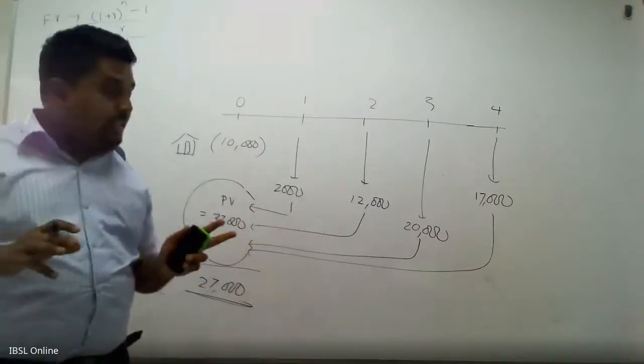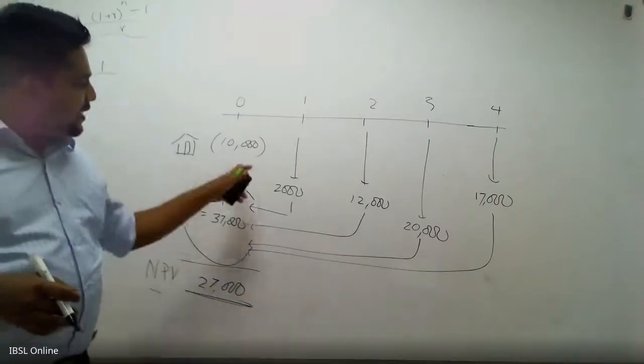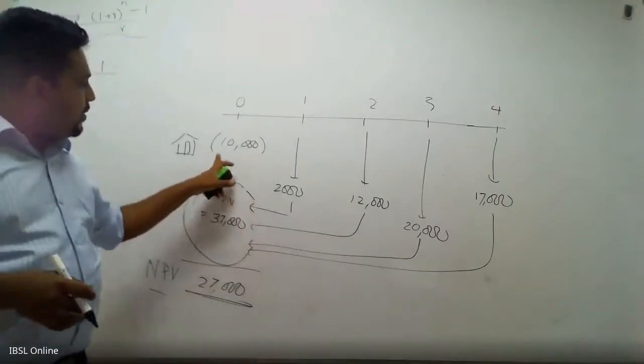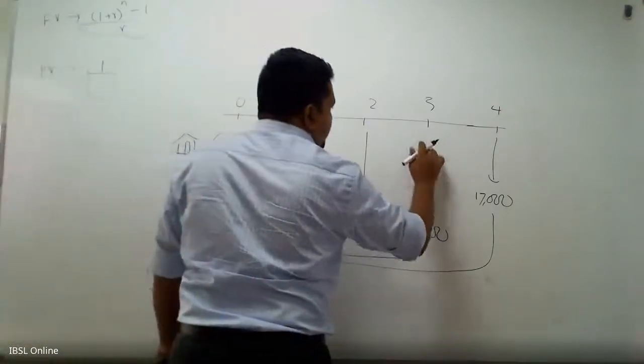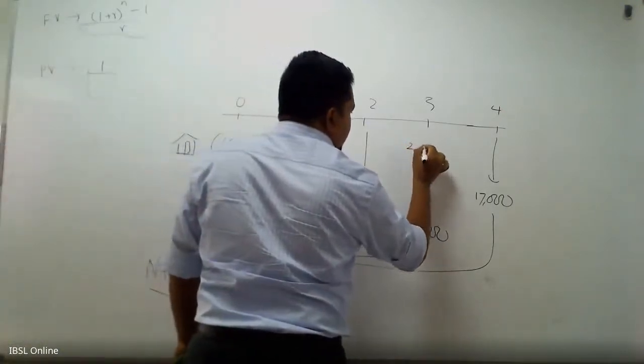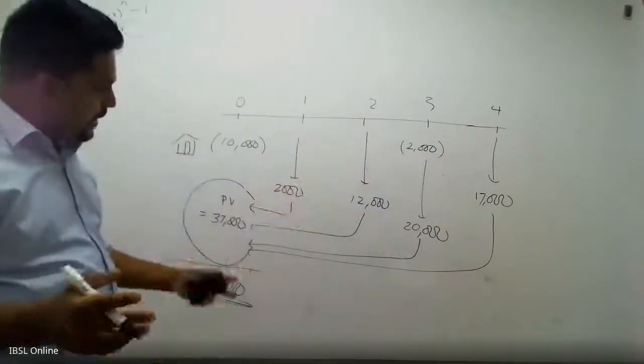Bear in mind that in real terms, in actual terms rather, your initial cash outlay may not be the only cash outlay. Maybe there's another 2,000 here. So what will happen? That's okay.